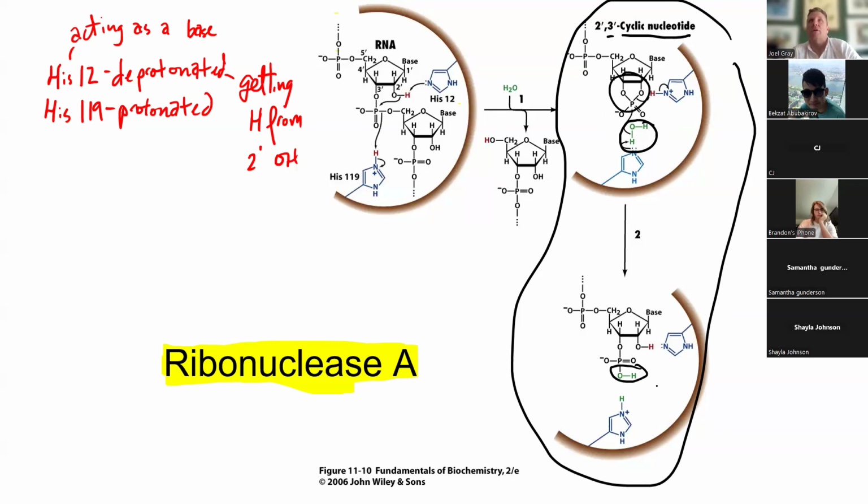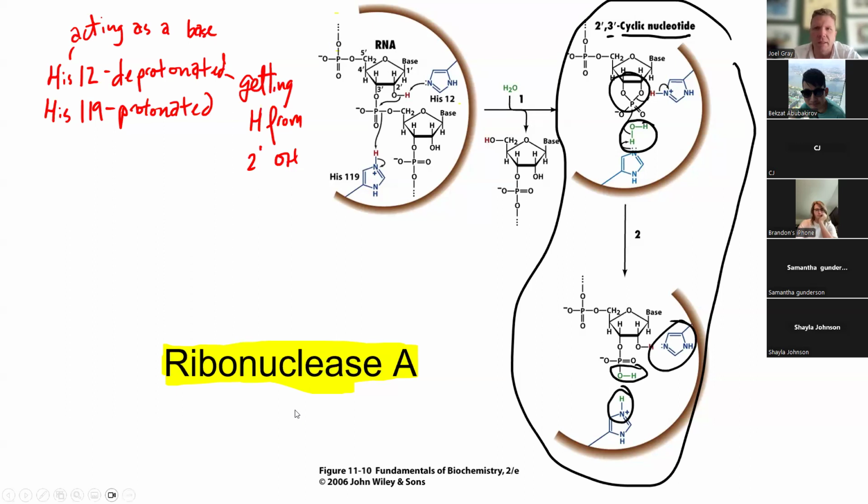We're not going to have a cyclic nucleotide release from this enzyme. And then we're also going to return histidine 119 to be protonated and histidine number 12 to be deprotonated. So we're essentially using water to regenerate what we previously had.